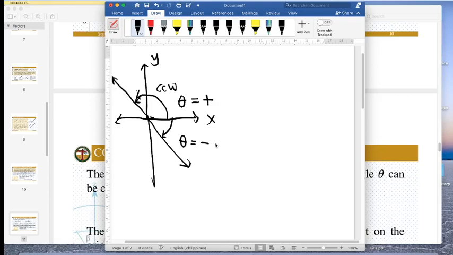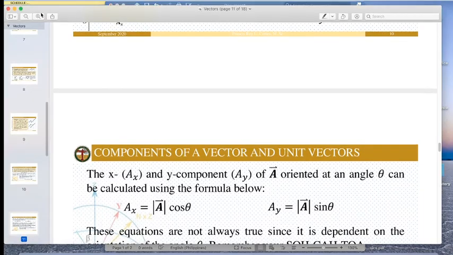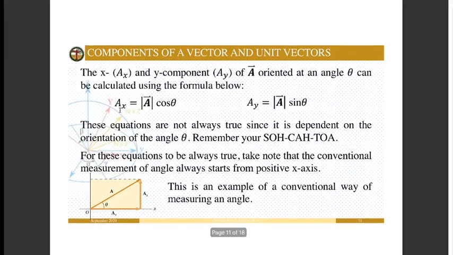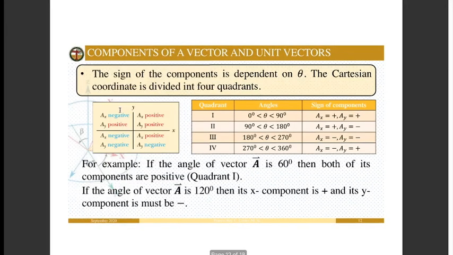So ganun lang yung conventional measurement ng angle nyo. If counterclockwise siya from positive x-axis, then positive yung angle mo. If clockwise from positive x-axis, then negative yung angle nyo. Okay? So then, next.